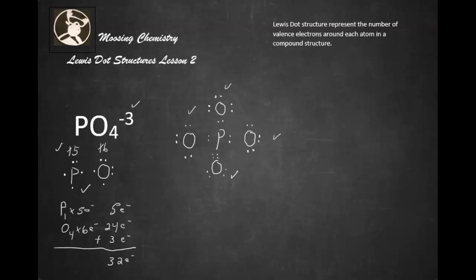Let me erase those check marks and get that done. That structure is correct, but there's another possibility. Why can't it be this? Let's draw our P with O's around, just like that. In this case, we're going to have our double bond there.